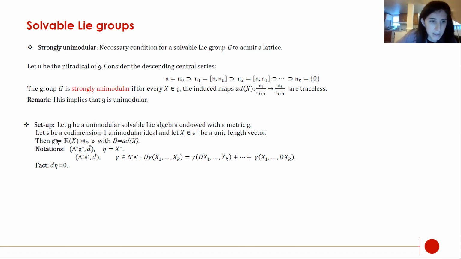Then one can write G as a semi-direct product of R with this solvable algebra by the map D, which is the adjoint map of X.